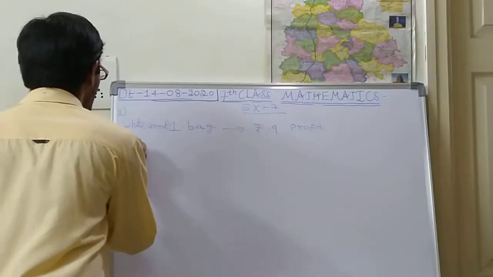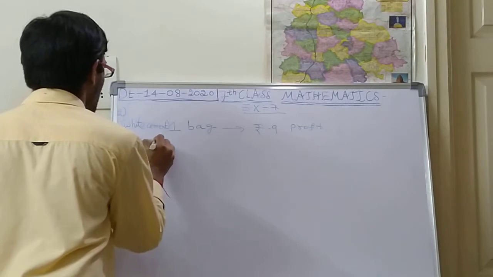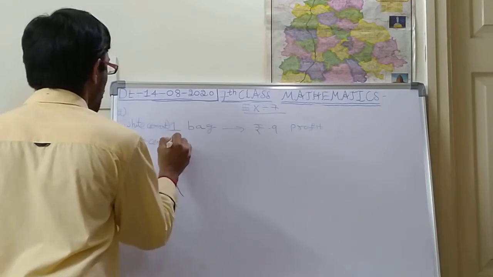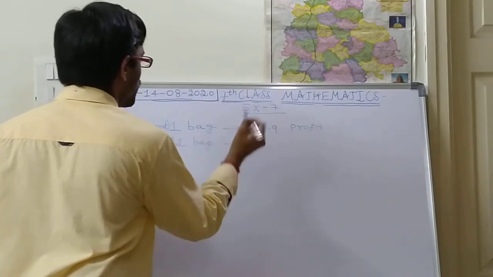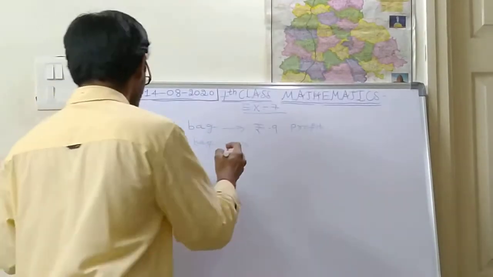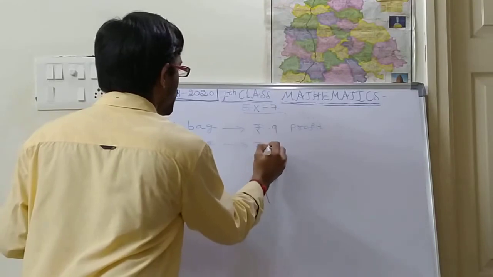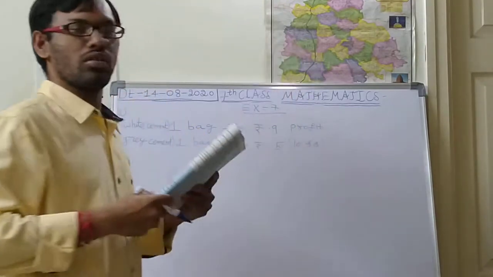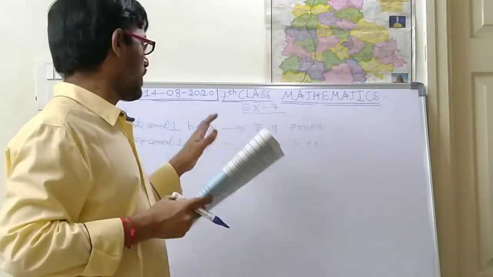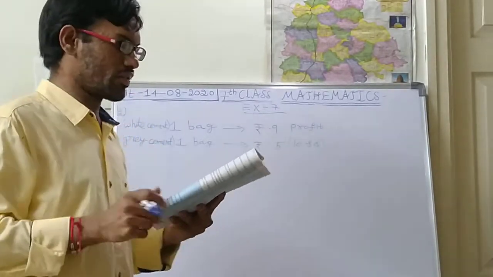For the grey cement bags. For each grey cement bag they lost 5 rupees. Okay, loss.